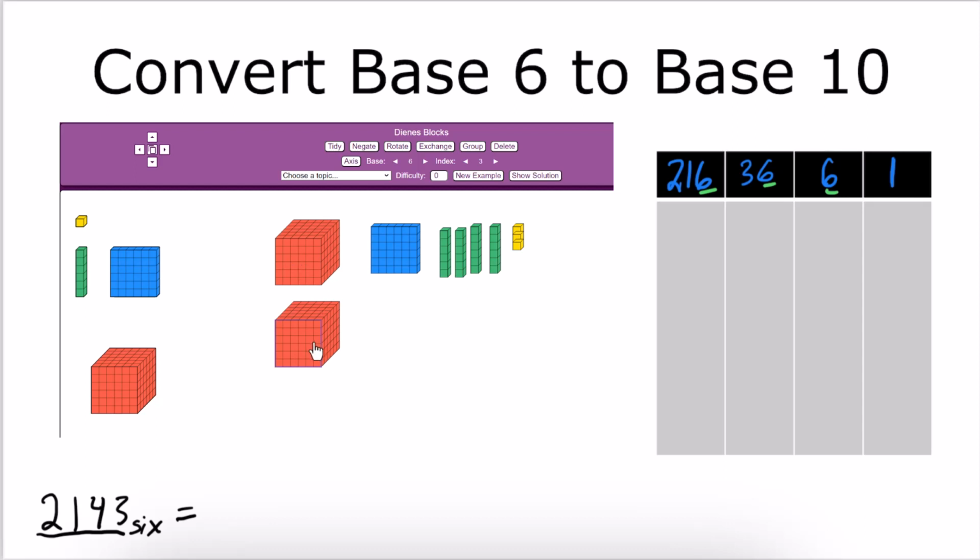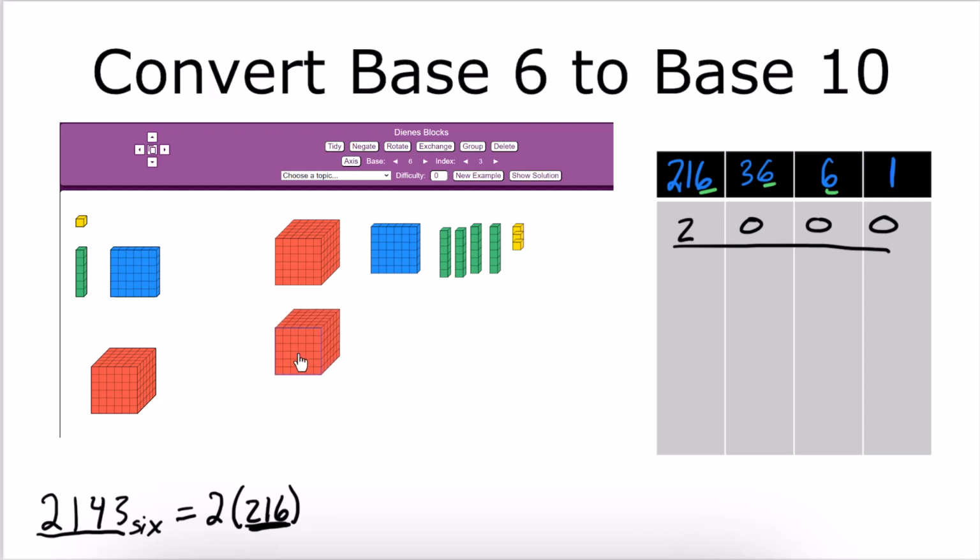In base 6, they would be equal to the number 2000, which kind of looks like 2000. But I wouldn't call it 2000 because the bases are different. So in base 6, it's equal to this, but in base 10, it would be equal to 2 times 216 because 216 is the amount of blocks that we have in one of these blocks in base 10 numerals.